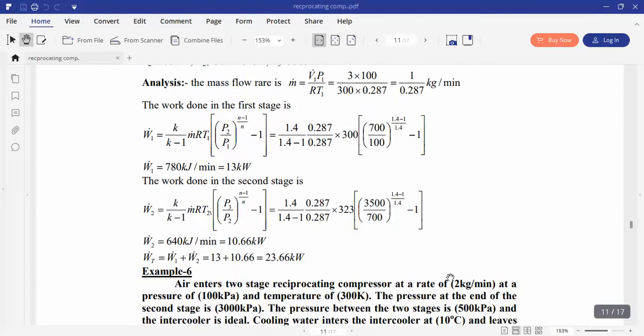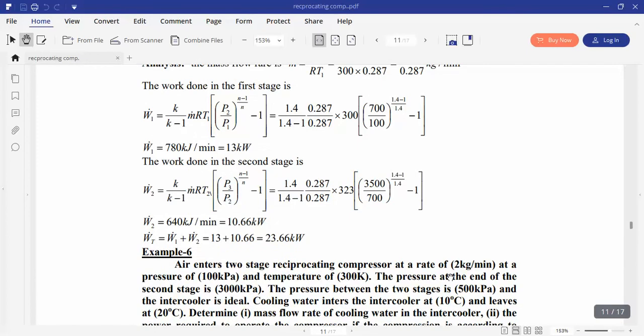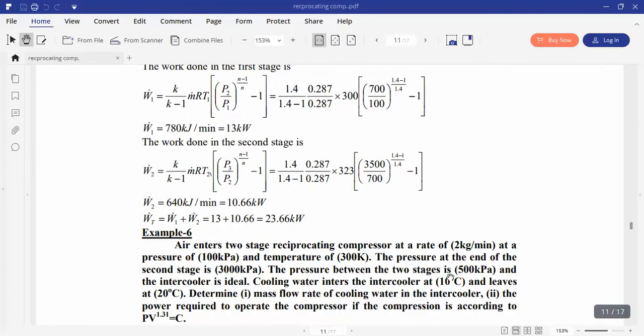kilowatt. Example 6. Air enters a two-stage reciprocating compressor at a rate of 2 kg per minute at a pressure of 100 kilopascal and temperature 300 Kelvin. The pressure at the end of the second stage is 3000 kilopascal.